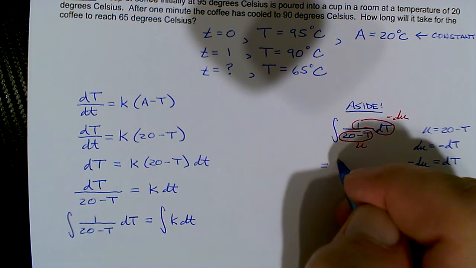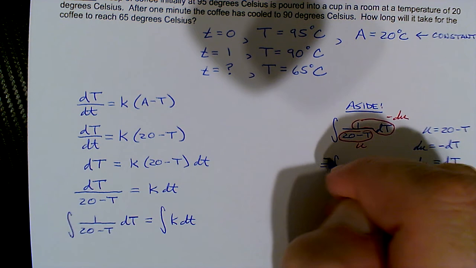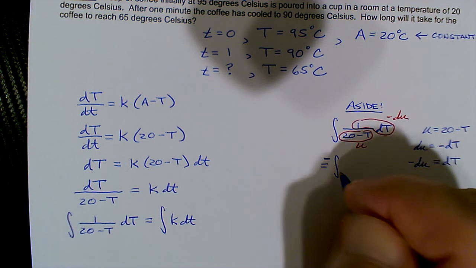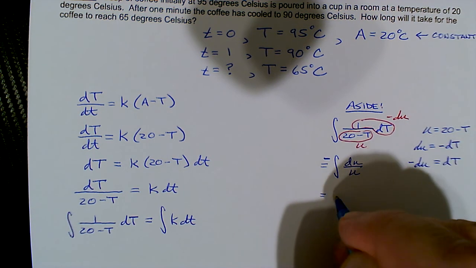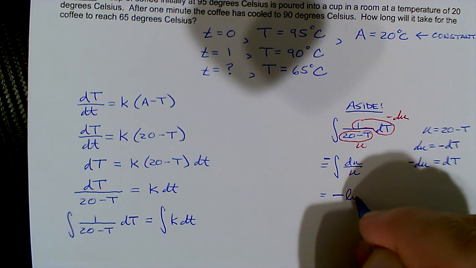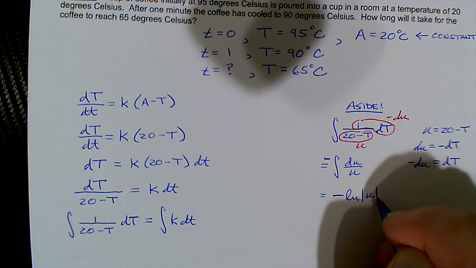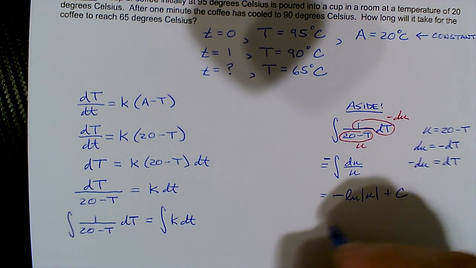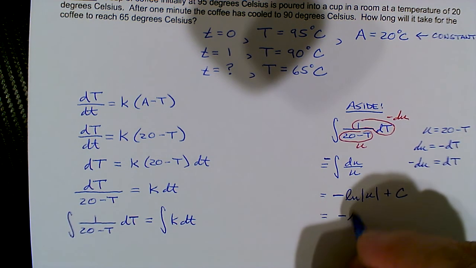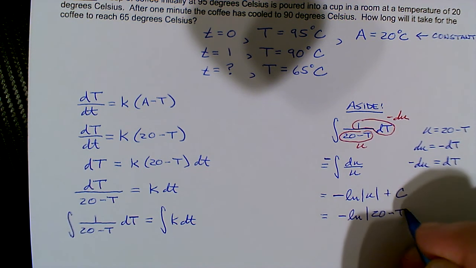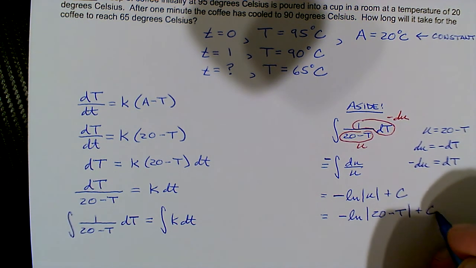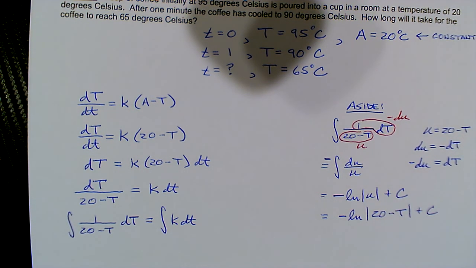And then we've got to factor out that negative of du over u, which would be negative natural log of the absolute value of u, or negative natural log absolute value of 20 minus T. Okay, so it's very important to understand the concept of the u substitution.